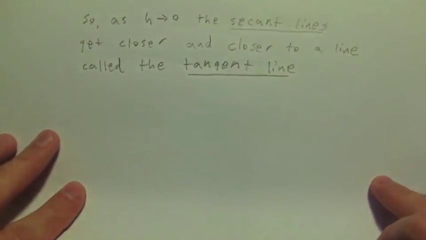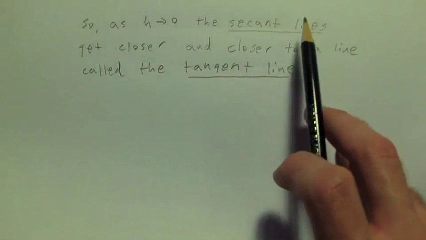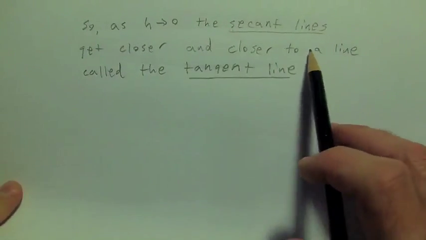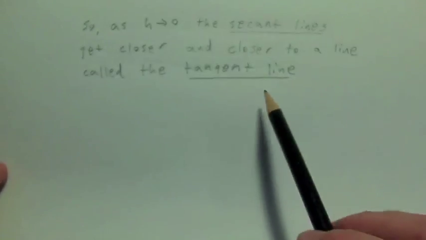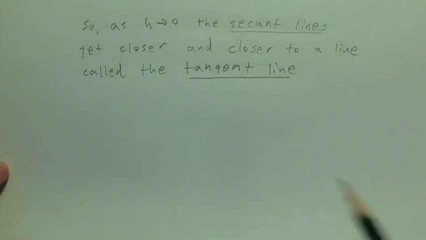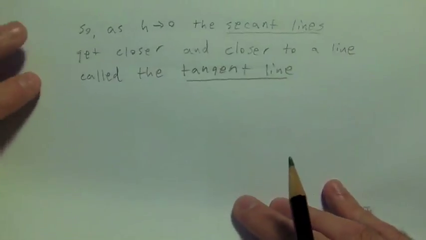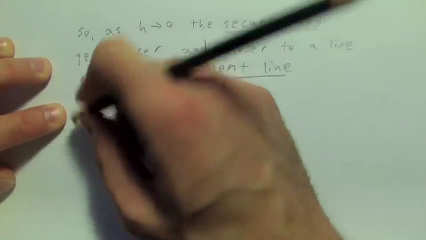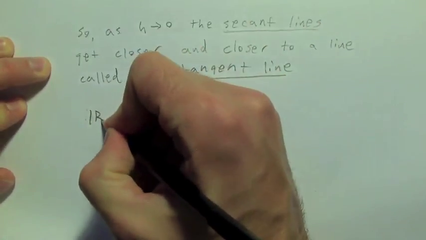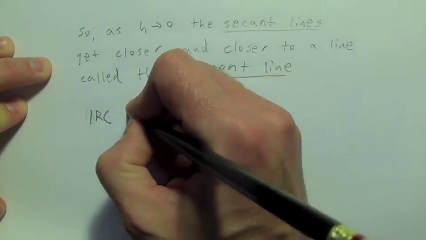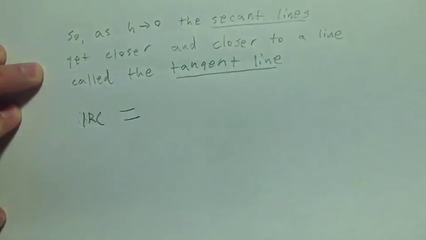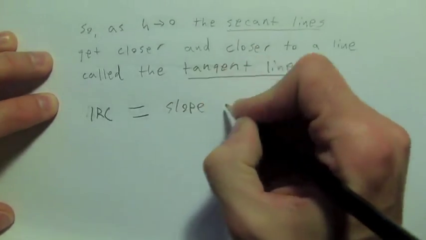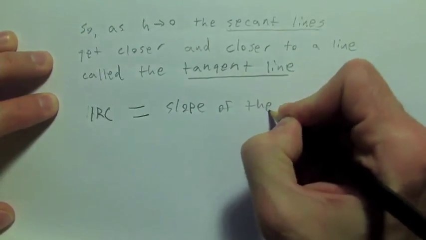So, as h goes to 0, right, the length of that interval goes to 0, the secant lines get closer and closer to a line called the tangent line. Right, so that's something to keep in mind here, is that the instantaneous rate of change, which I'm just going to say IRC here, is actually also, right, the slope of the tangent line.